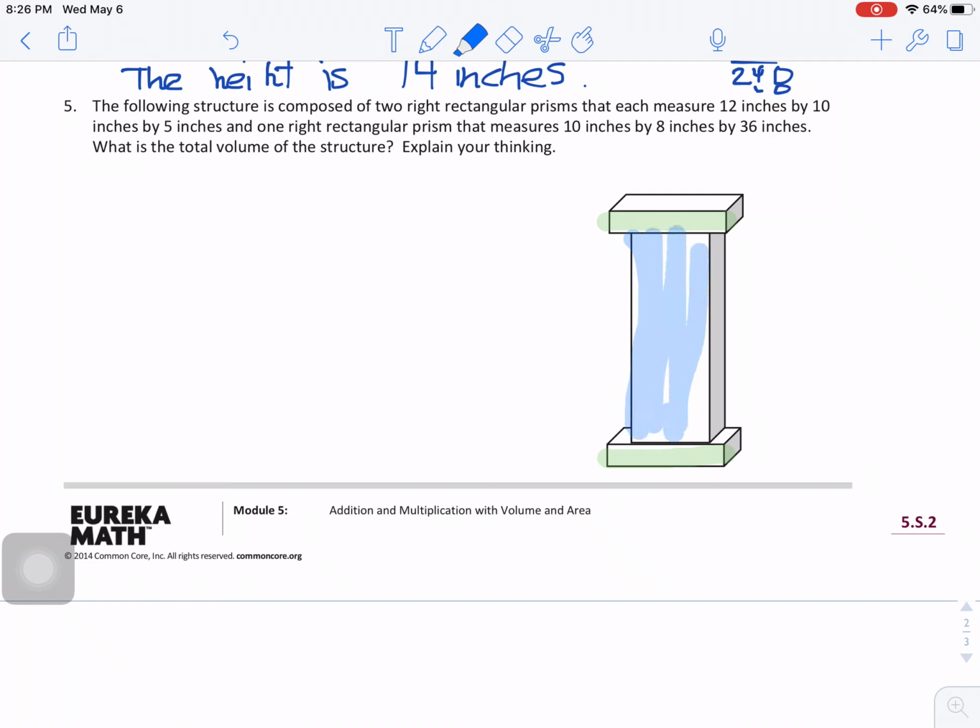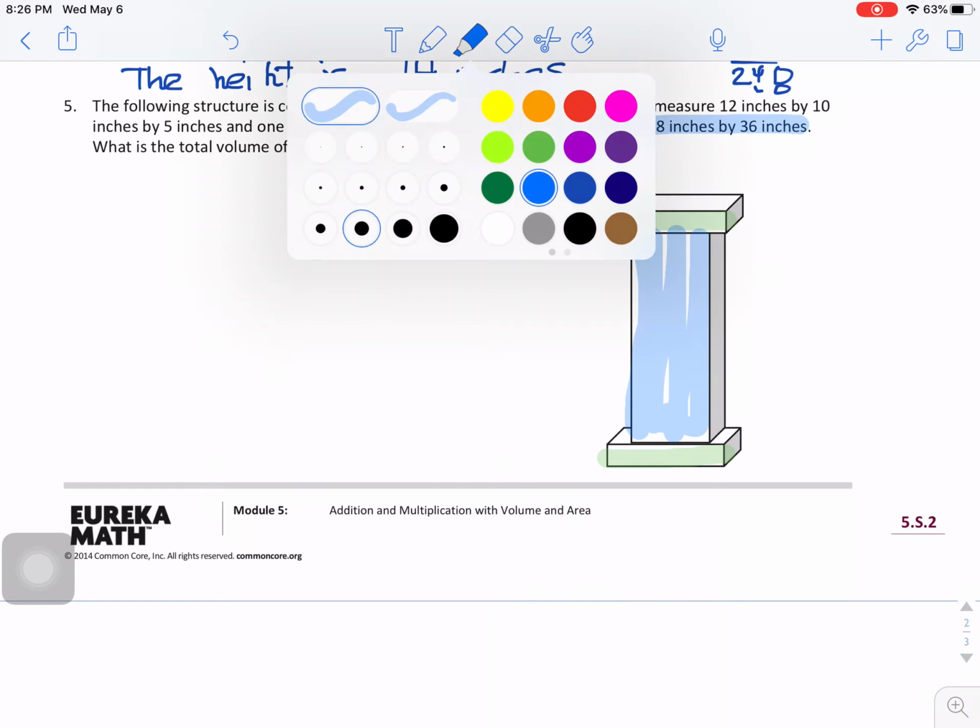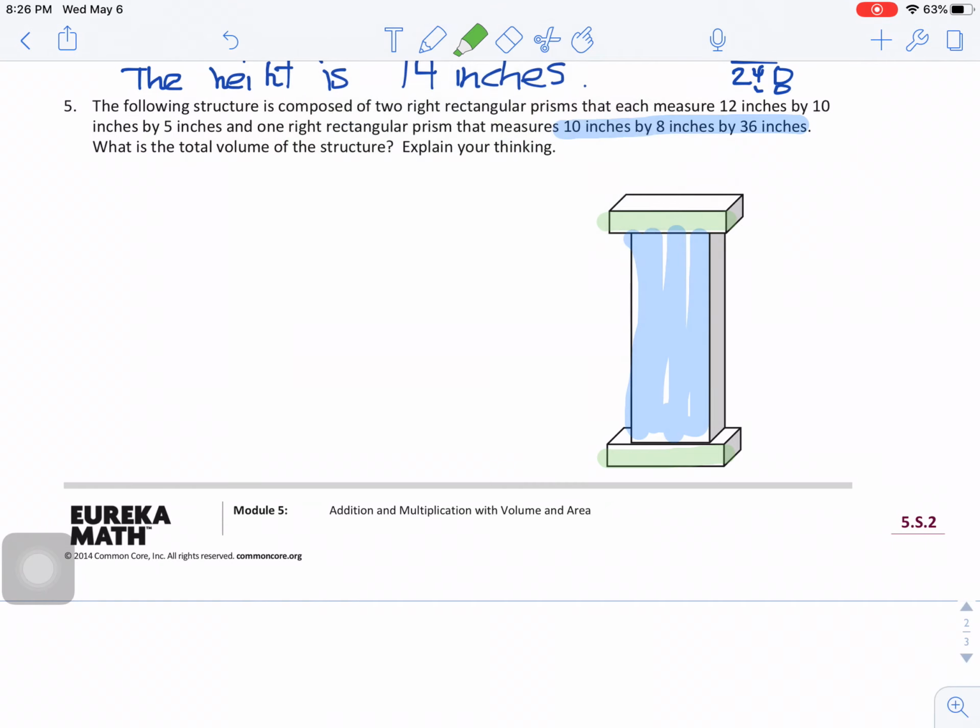So this structure is comprised of three right rectangular prisms. So the blue one, the dimensions are there, and then the green one has a dimension of 12 inches by 10 inches by 5 inches. So we have three different structures.